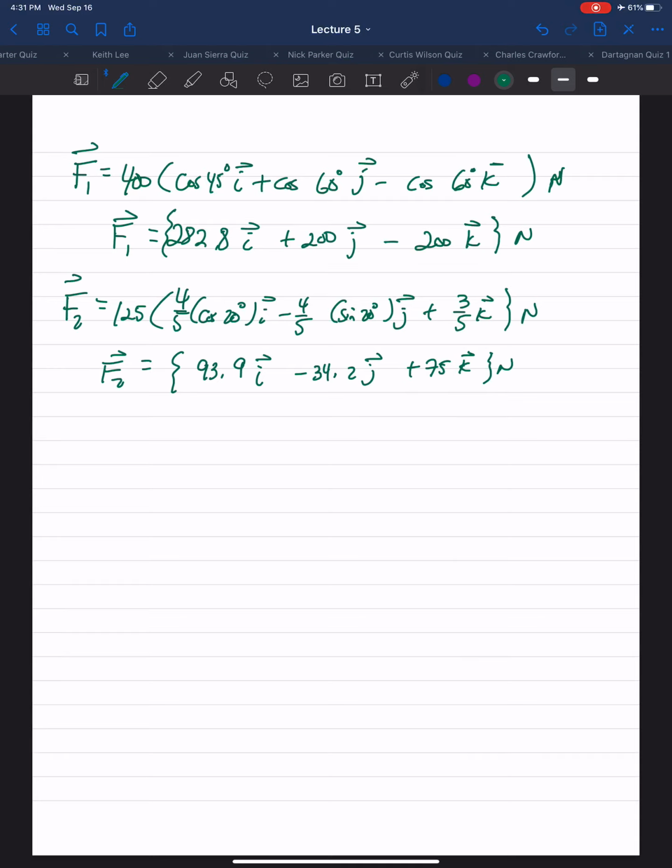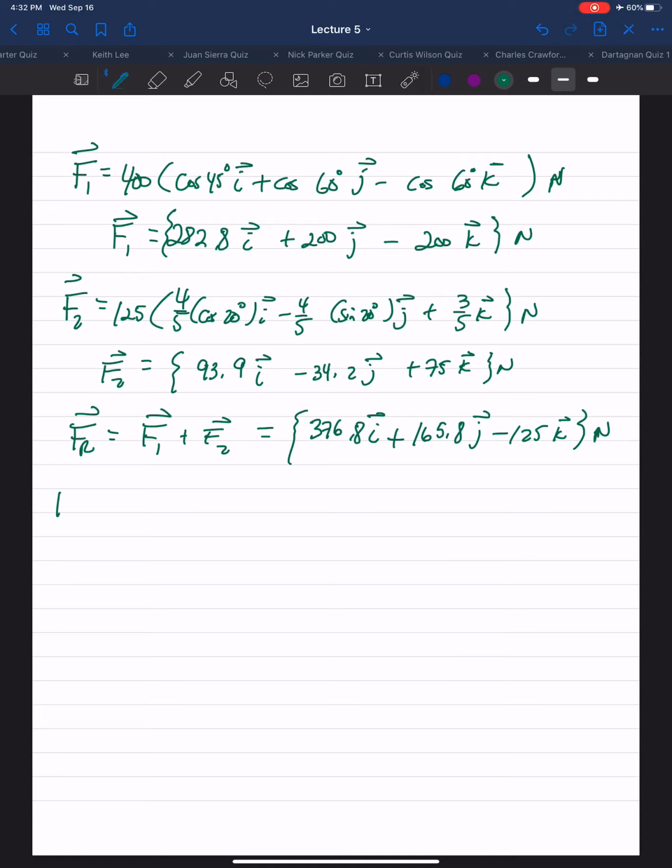So then our resultant force, add F1 plus F2, i, j, and k components, you get 376.8 i plus 165.8 j minus 125 k newtons.